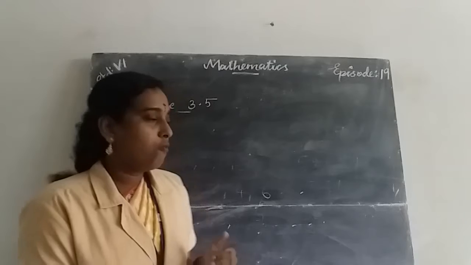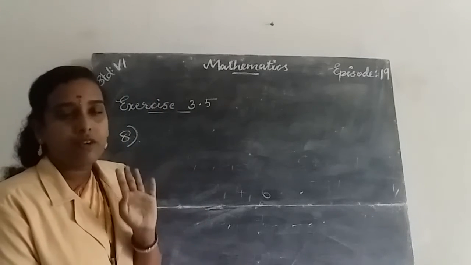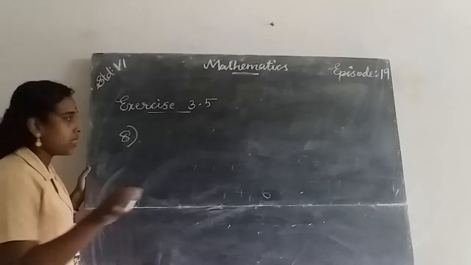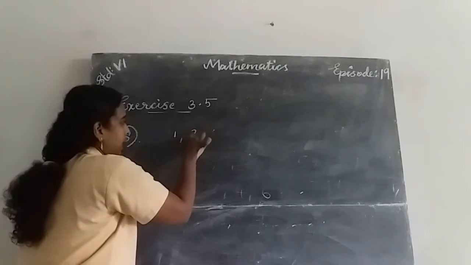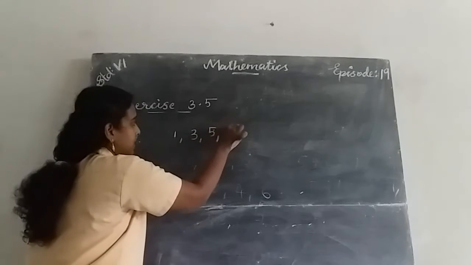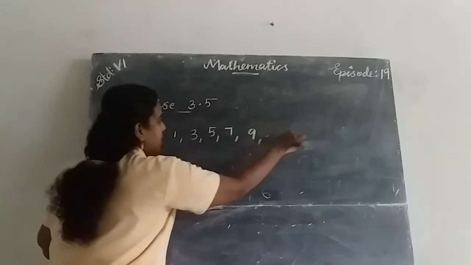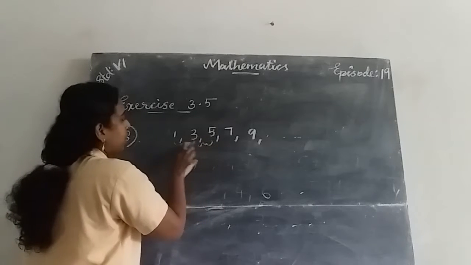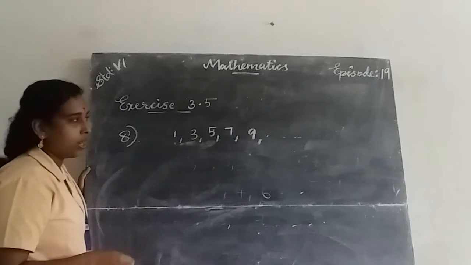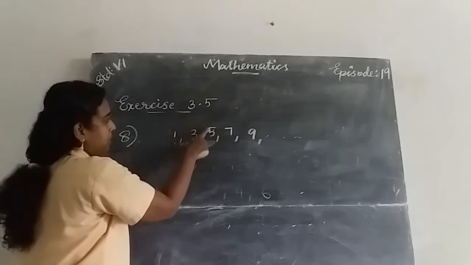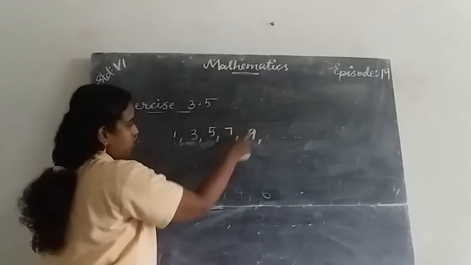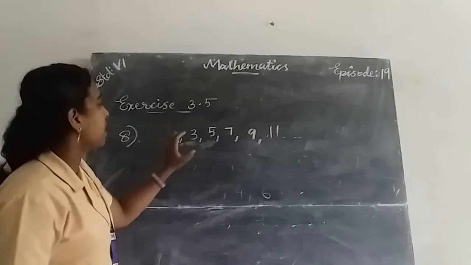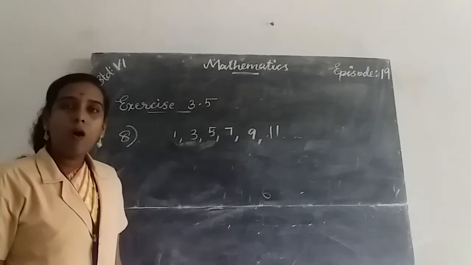The consecutive odd numbers are 1, 3, 5, 7, 9, etc. Here 2 is the difference between consecutive odd numbers. 1 plus 2 is 3, 3 plus 2 is 5, 5 plus 2 is 7, 7 plus 2 is 9, then 9 plus 2 is 11.